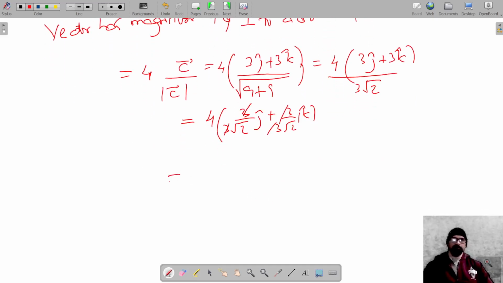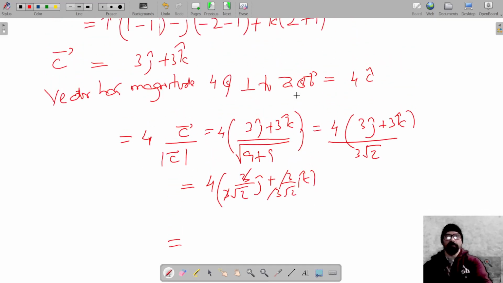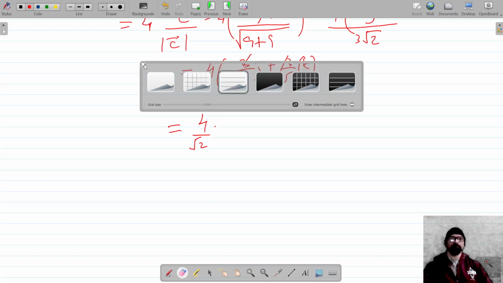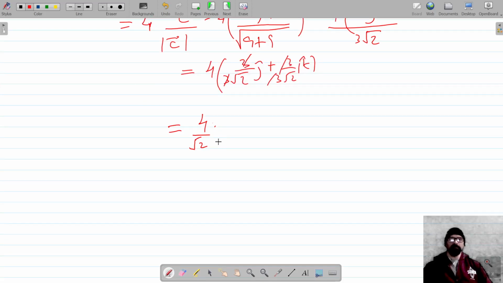So the vector that has magnitude 4 and is perpendicular to A and B is equal to 4 p cap. So this is 4 by root 2 j cap plus 4 by root 2 k cap.